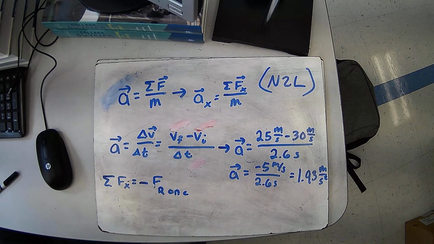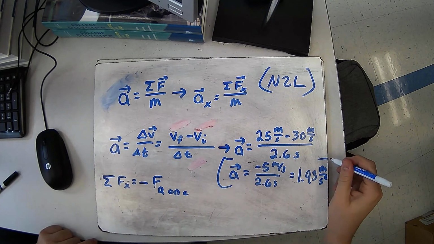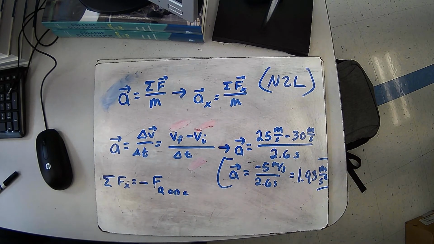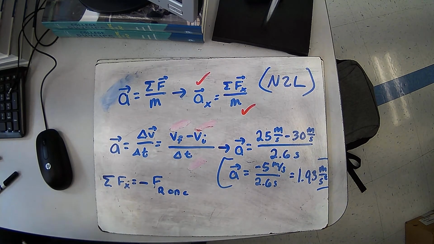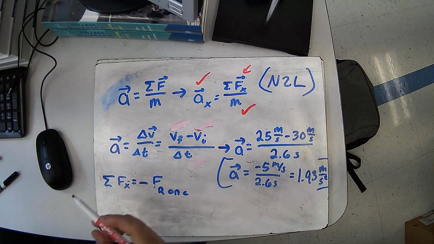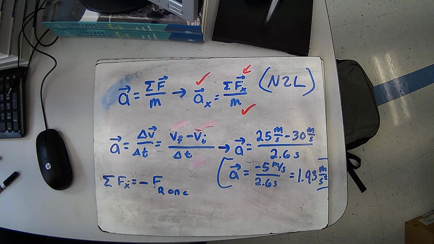I now know the acceleration. That's one unknown that I have figured out. What else could I figure out? Well, now I know both mass and acceleration. So I can figure out the sum of the forces that must be acting on this car. So let's go ahead and apply Newton's second law next. I want to highlight this is a very non-linear process, right?